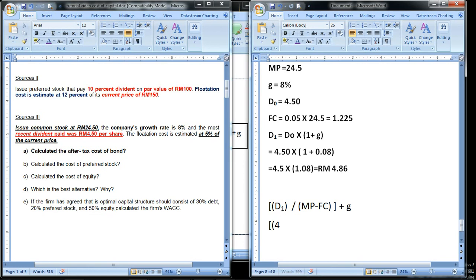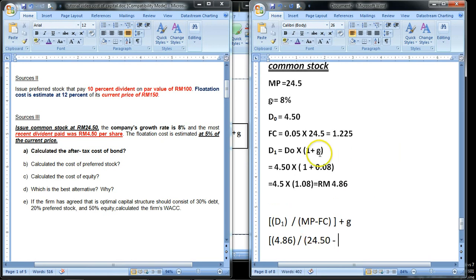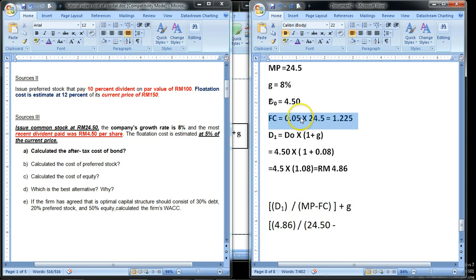So now D1 is 4.86. Where did I get the 4.86, class? Perfect. D1 divided by your MP, 24.50, minus your FC. Can I know your FC? Perfect. FC is 5% times 24.5.